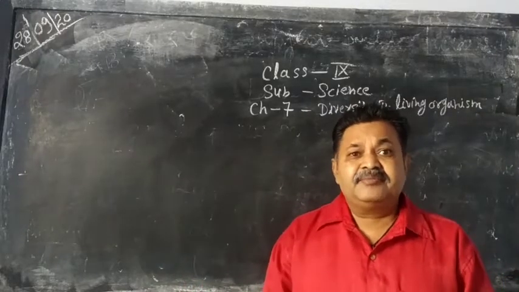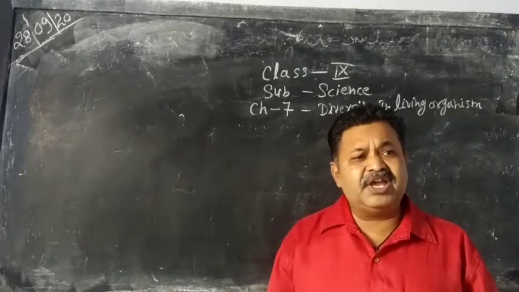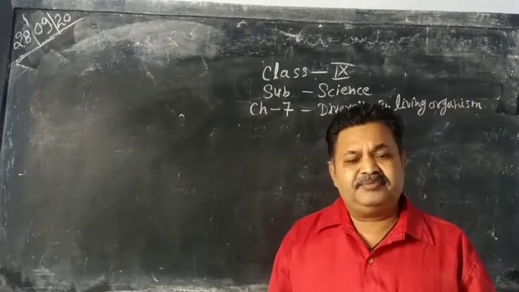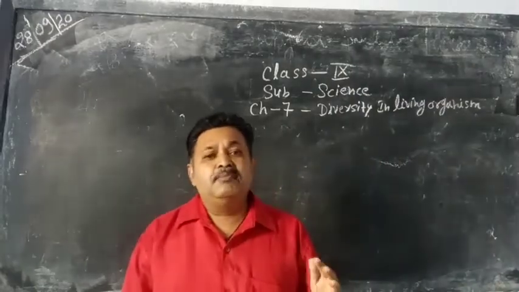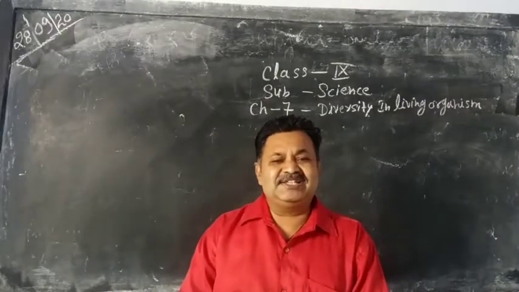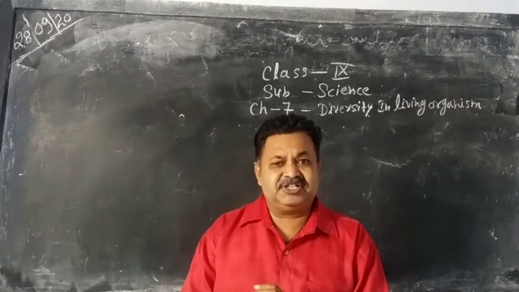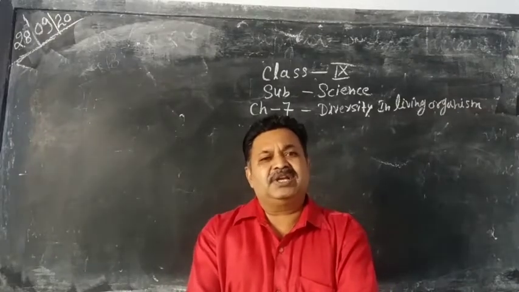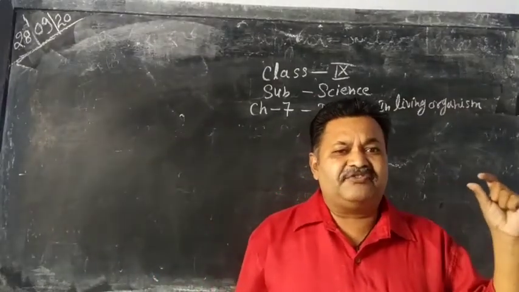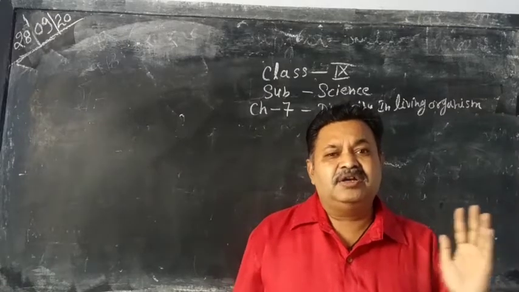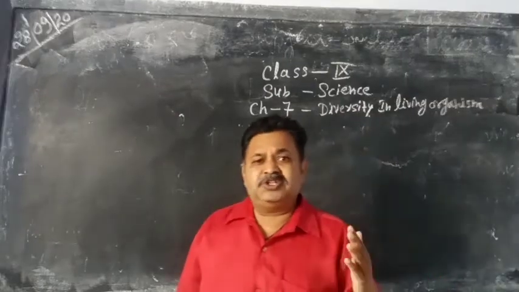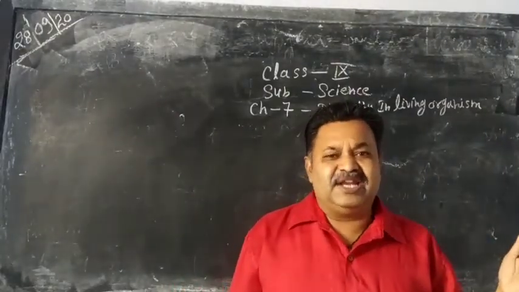In another way, we classify organisms on the basis of their structure, their mode of nutrition, or their cell structure and body structure. Another way is on the basis of whether they are unicellular or multicellular, or prokaryote or eukaryote. So these are some bases of classification.